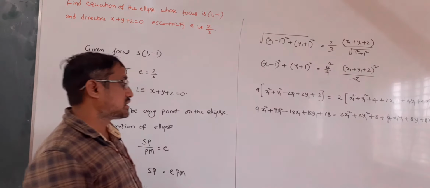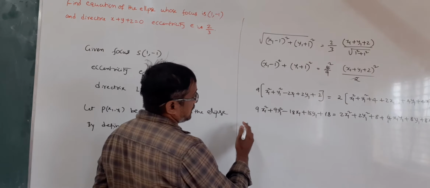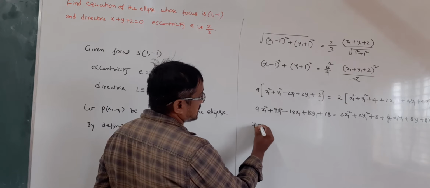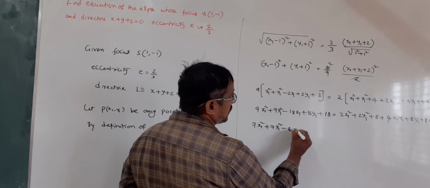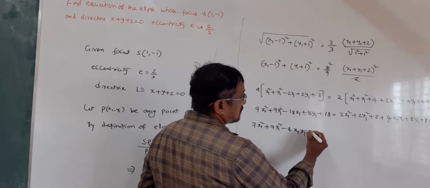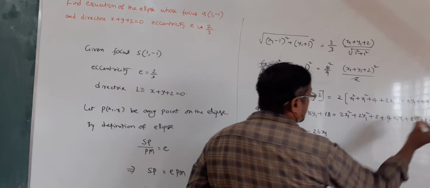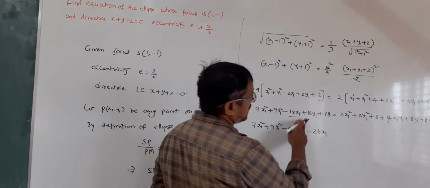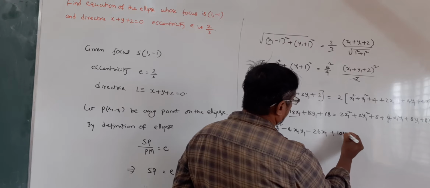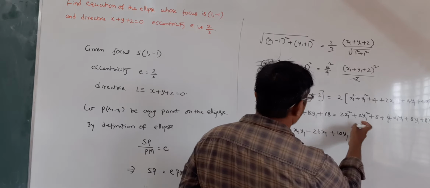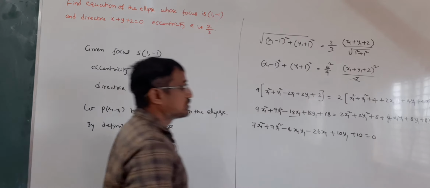Now taking all the terms to the left hand side, you will get 7x1 square plus 7y1 square minus 4x1y1 minus 26x1, and 18y1 minus 8y1, so you will get plus 10y1, and 18 minus 8, so plus 10 is equal to 0.